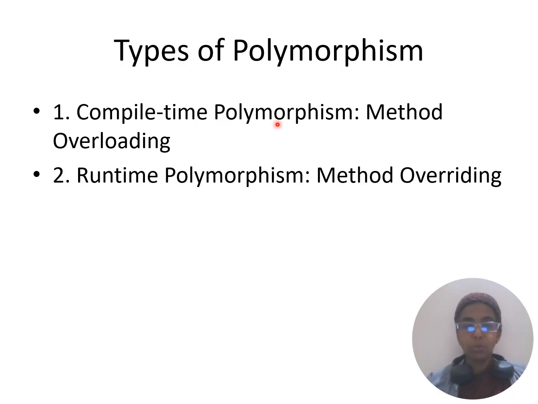When we have different methods and the mapping happens during compile time only, we call that method overloading. But if it happens during runtime, we call that method overriding. There is a slight difference, and we'll see how it works.